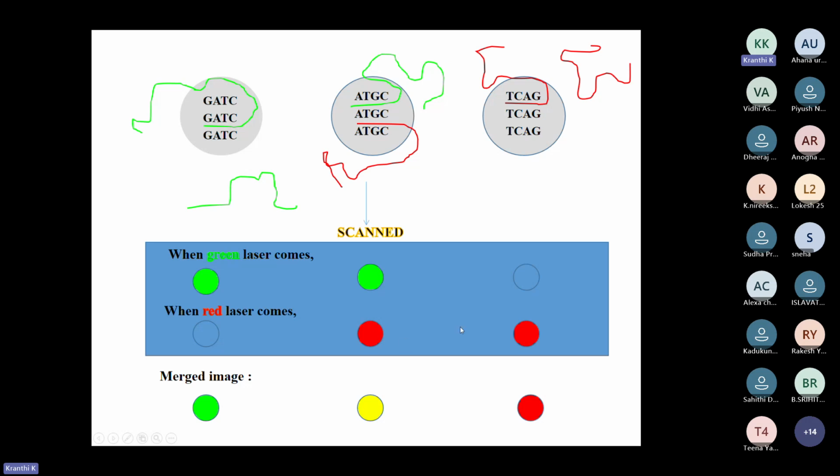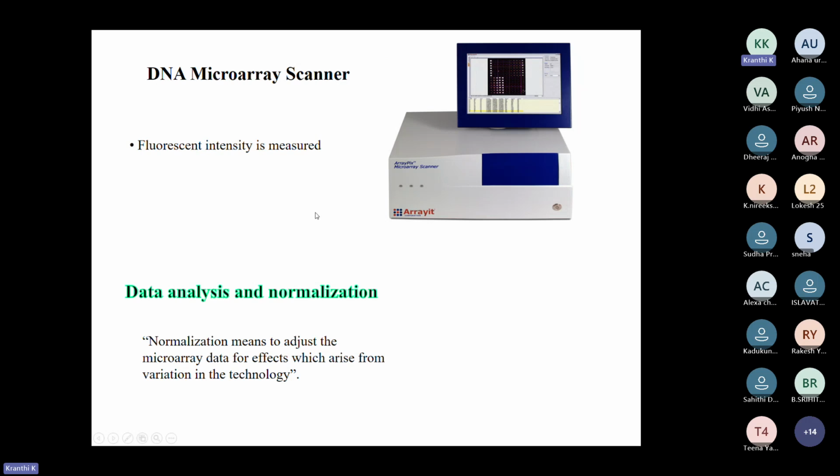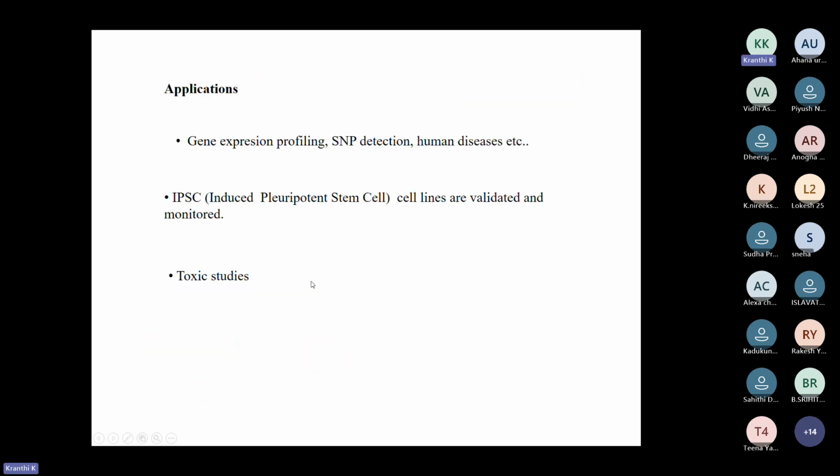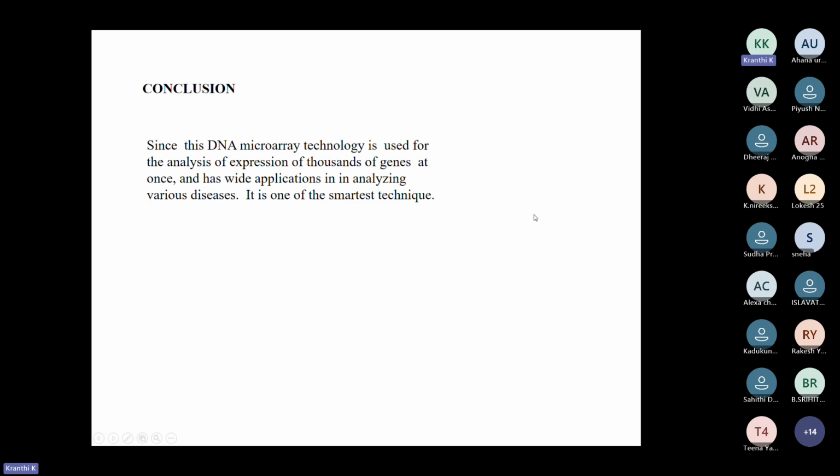If the red color comes, the abnormal gene is complemented. If merged, you have both, so it has normal as well as abnormal. Then we measure based on the fluorescent intensity. We use this in gene expression profiling, toxicity studies, and induced pluripotent stem cell lines. So this is the microarray.